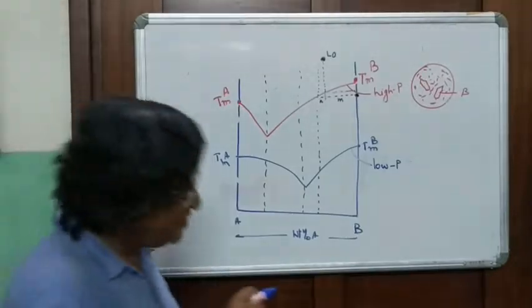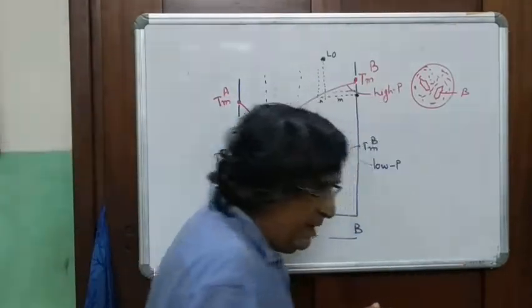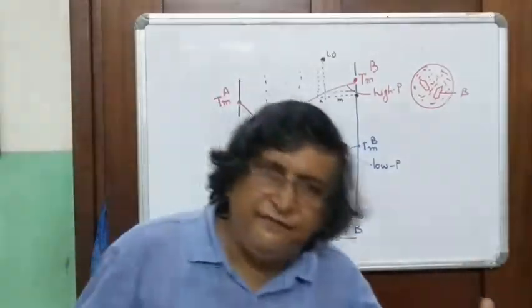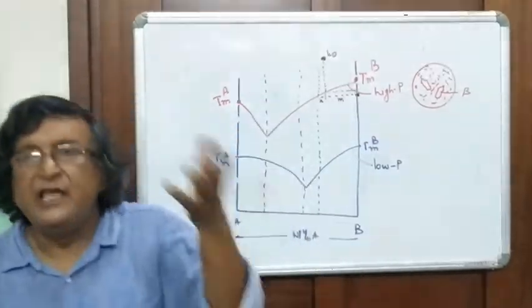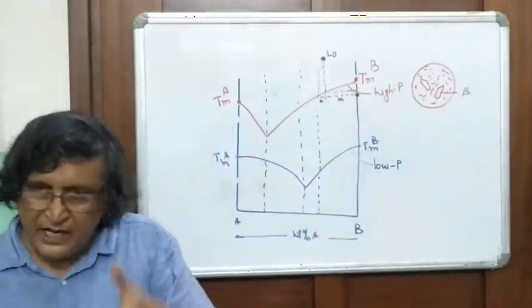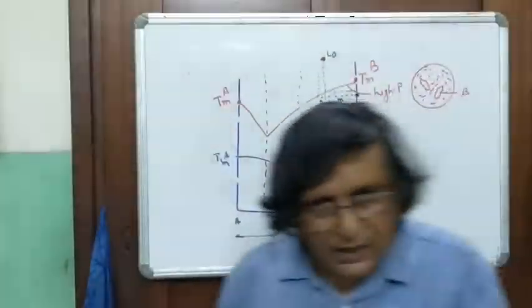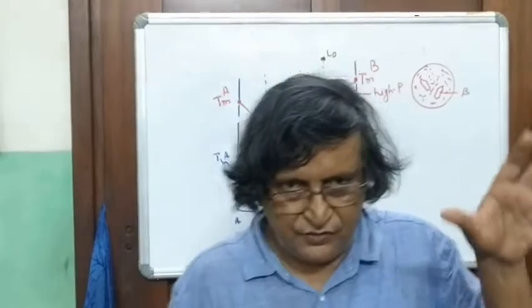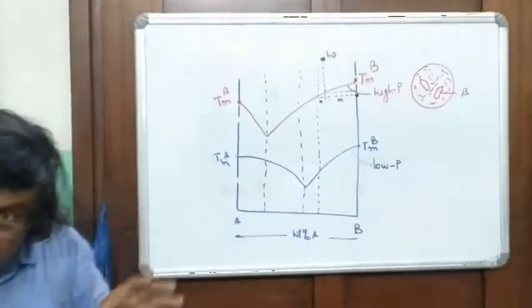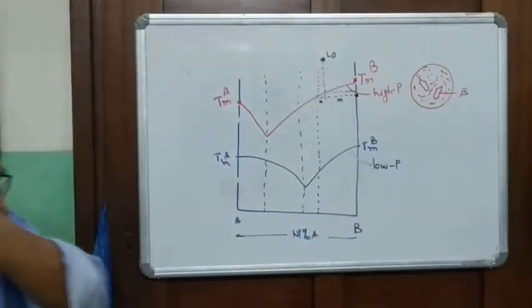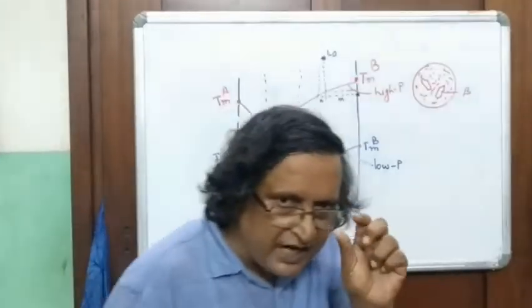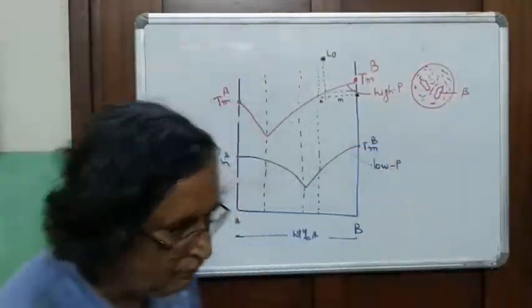So what happens? But if you do not give time, then the whole of B cannot go into the melt. Whole of B cannot go into the melt if you do not give enough time. Now you see the complication arising here.